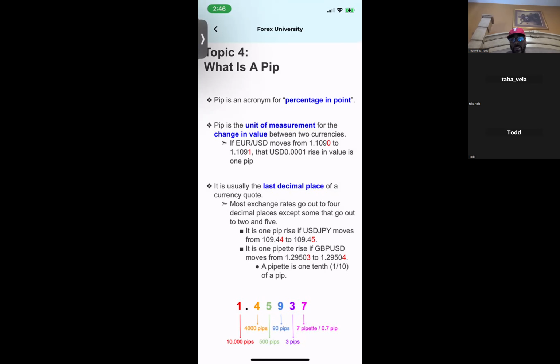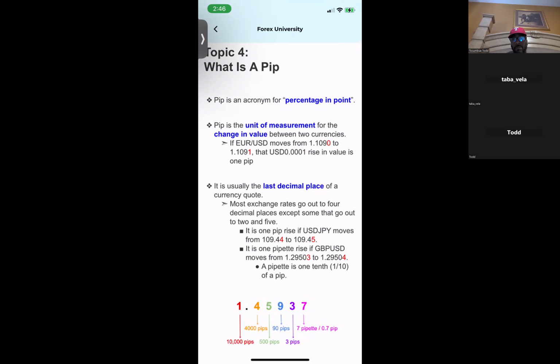The 2nd position is where you start your count, okay? For a 1 pip rise for USD JPY, if it goes from 109.44, this is where you'll start your pip count, right? That's very important.